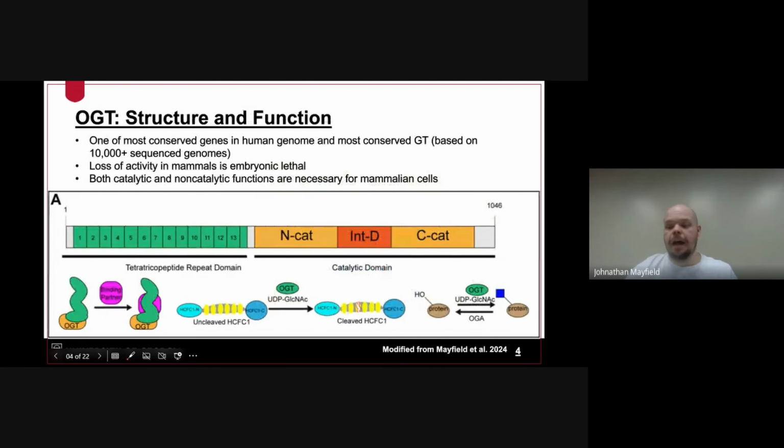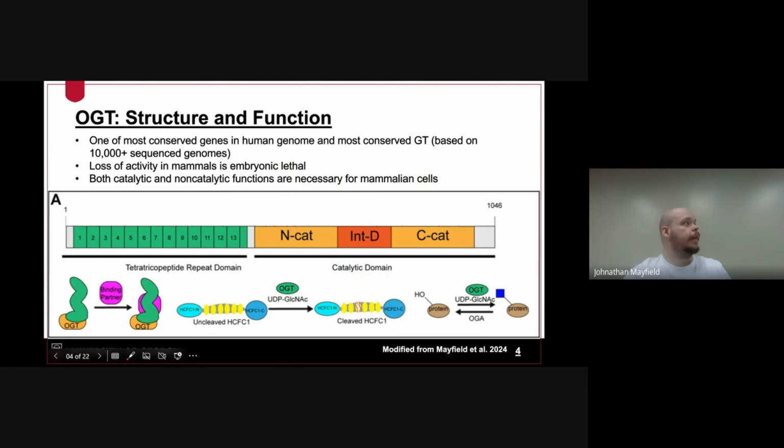There we go. So the OGT gene is one of the most conserved genes in the human genome. That means between me and everyone on this call and everyone that's watching, for the most part, our OGTs are going to be identical.